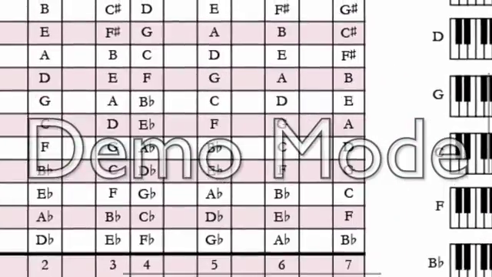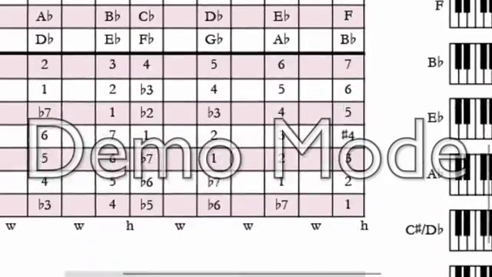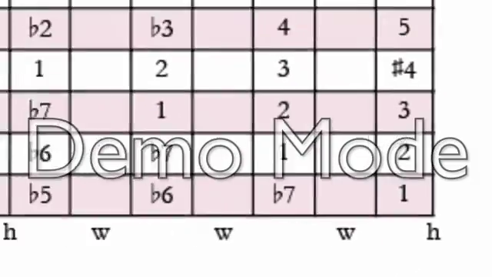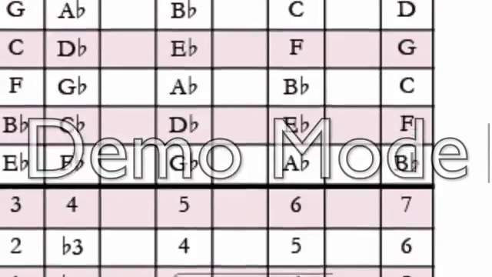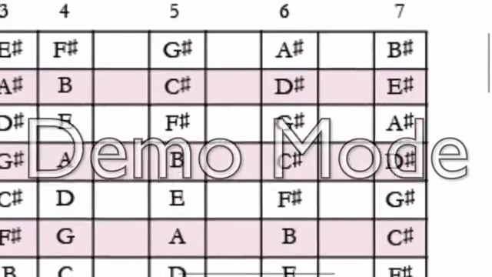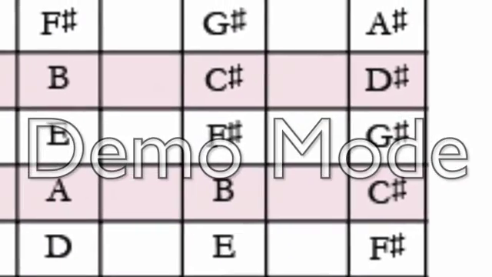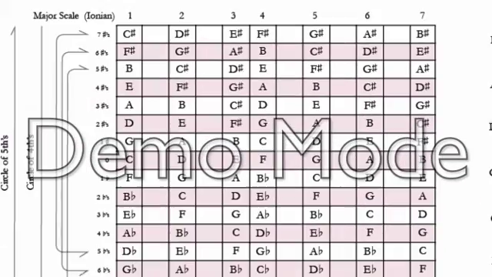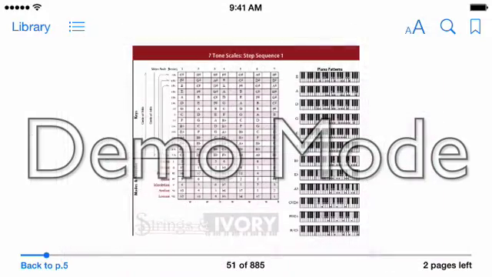Or let's say you wanted to be in the key of F sharp Aeolian, still go off of your first degree, go all the way up until you find F sharp. Here it is. So you've got F sharp, G sharp, A, B, C sharp, D, and E. That would make up your F sharp Aeolian. Very useful.